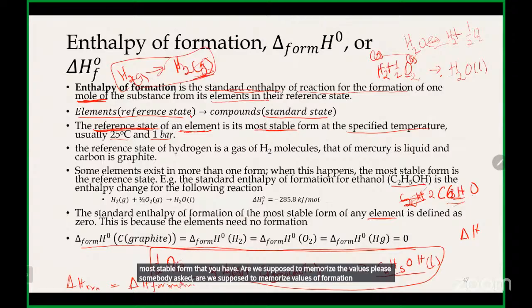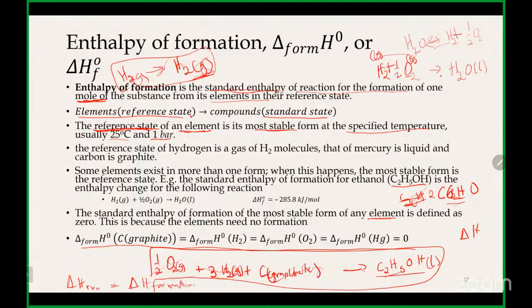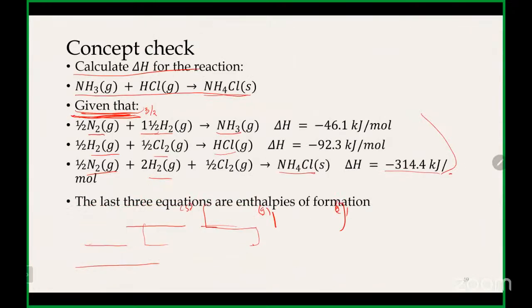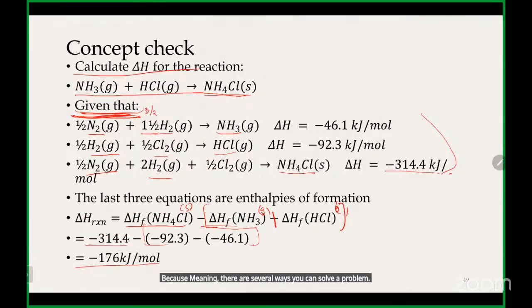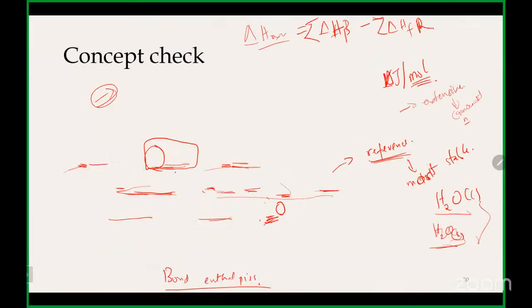Well, if you can memorize 1 million, that's fine by me. Why didn't we use the same method where you subtracted delta H? Because there are several ways you can solve a problem, as long as it is legal.